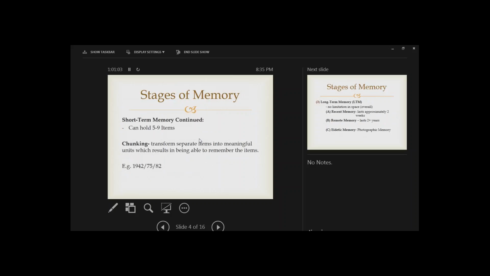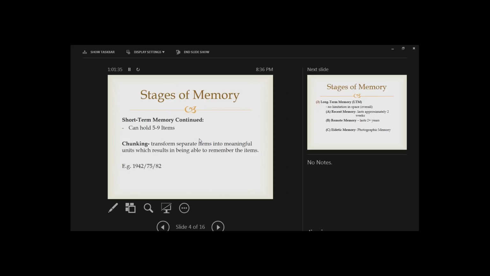Short-term memory can hold approximately 5 to 9 items. So what we normally say in the field is 7 plus or minus 2. But because that's confusing, I just say 5 to 9. So this is how telephone numbers came out with 7 digits, right? Now it's up to 9 because you add area codes or whatever, but that was within a frame that we knew people could understand and remember their phone numbers.